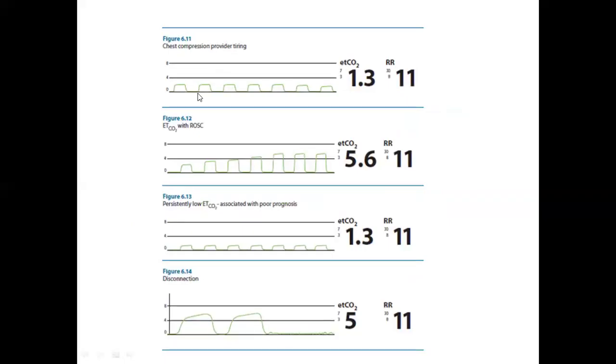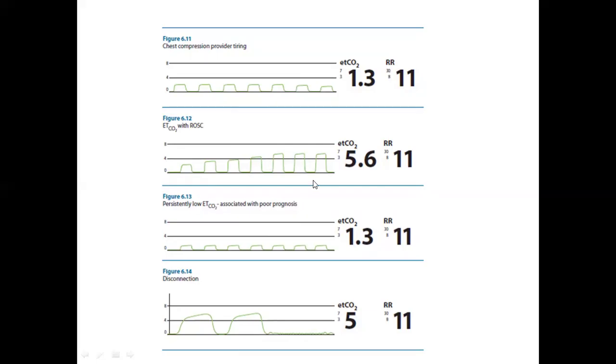So in the top one here, the capnograph tracing is gradually getting lower heights. That means maybe a tiring resuscitator, right? In the second one, during the CPR, the capno tracing gives progressively higher values of carbon dioxide.